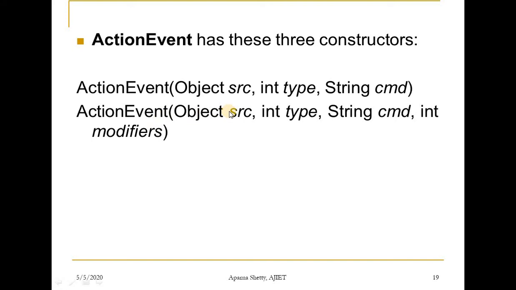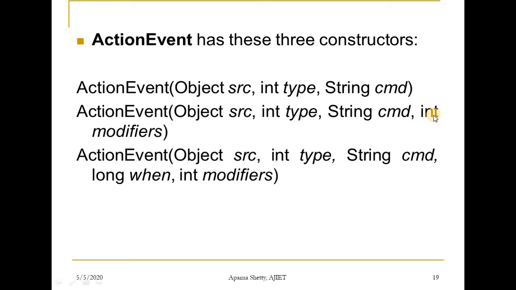Next constructor takes 4 parameters: source object, int type, String command and int modifiers. Finally, we have the last constructor which takes 5 parameters: source, int type, String command, long when and int modifiers.